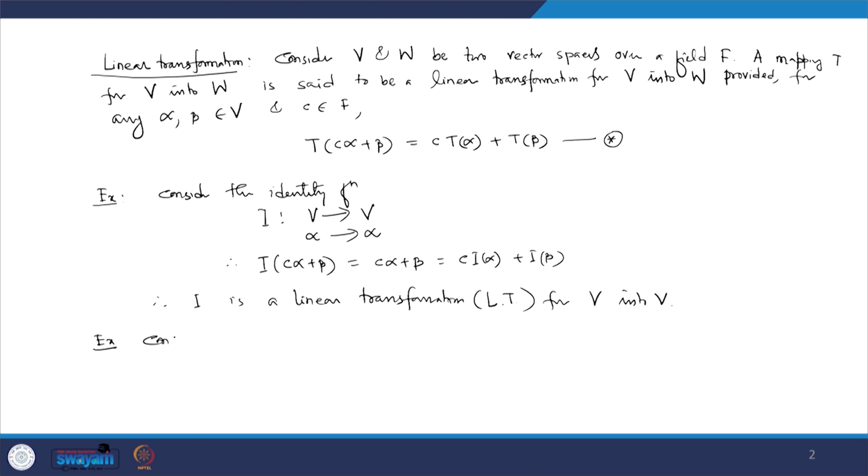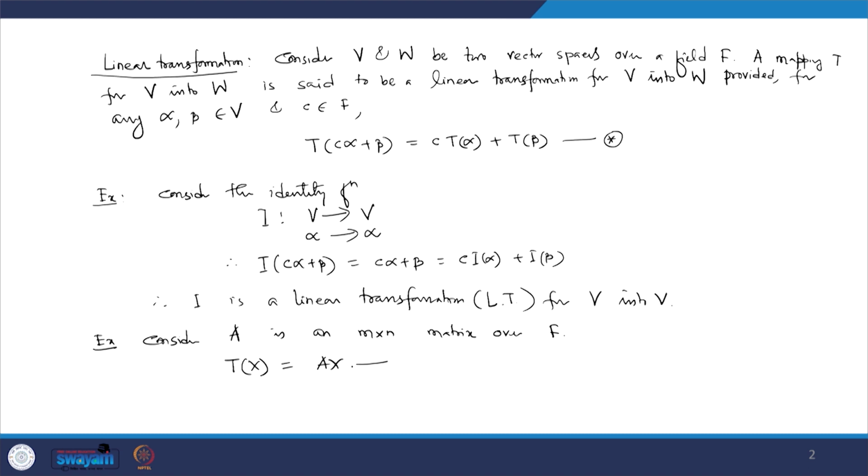Let me take another example. Consider A is an m cross n matrix over capital F, that is my field, maybe real numbers, maybe complex numbers, some field capital F. Then consider a function T of some x equal to Ax.